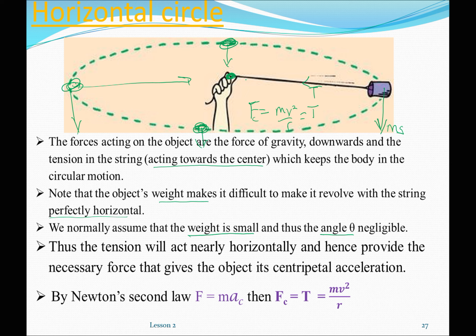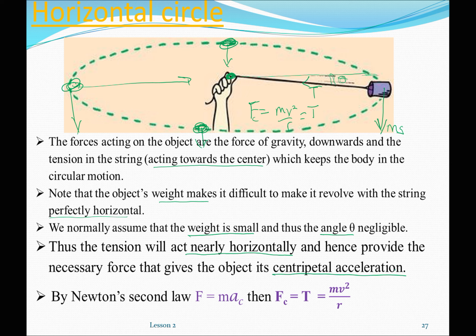Otherwise, if it wasn't negligible, we would draw the horizontal, and then there is an angle delta theta to the horizontal, which causes a depression. But because the mass is small, this angle is negligible. Thus, tension will act nearly horizontally and hence provide the necessary force that gives the object the centripetal acceleration.